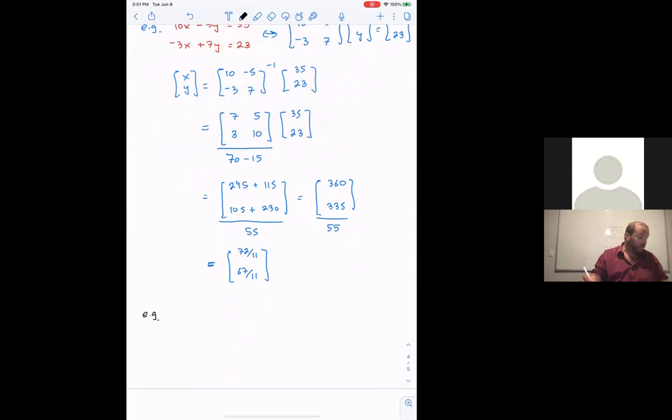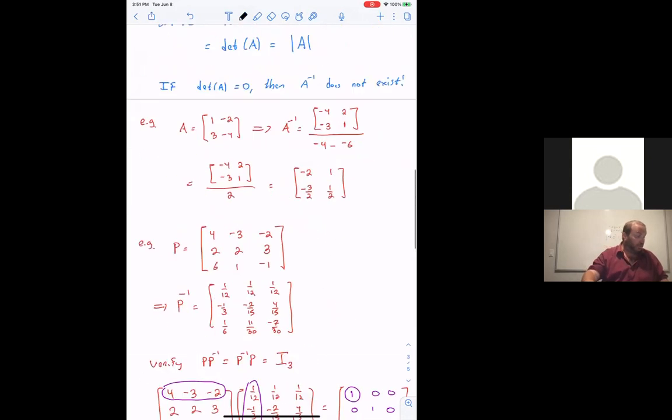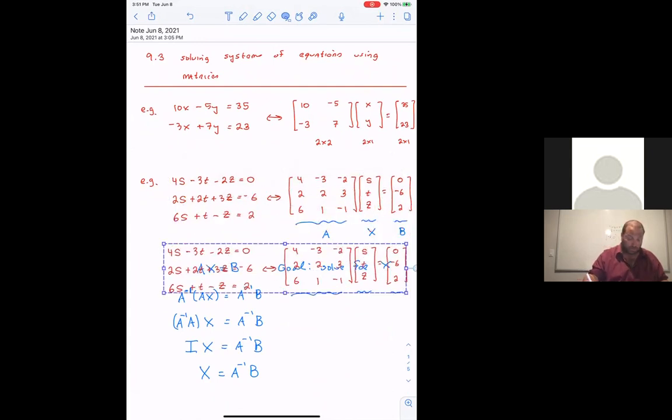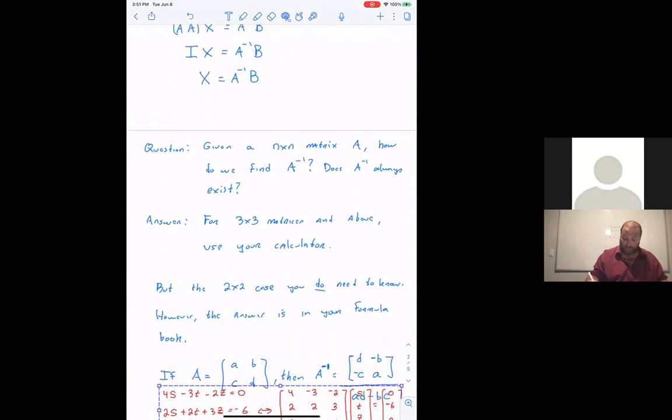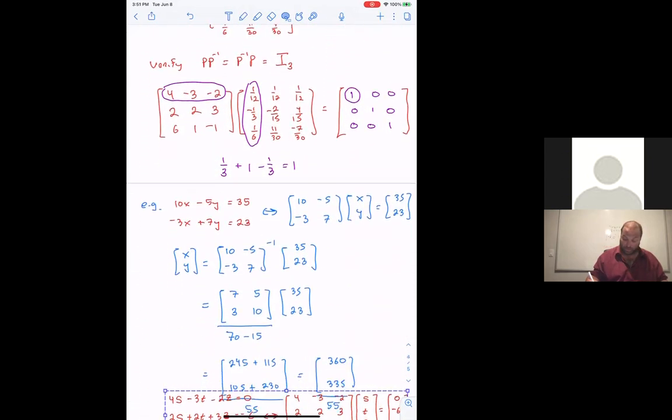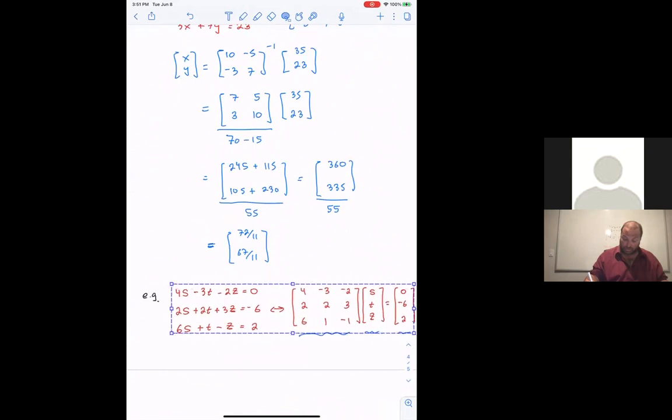This time, suppose we have the other starting problem, which was 4s minus 3t minus 2z equals 0, 2s plus 2t plus 3z equals -6, and 6s plus t minus z is equal to 2. So here we have the same thing we started with earlier.